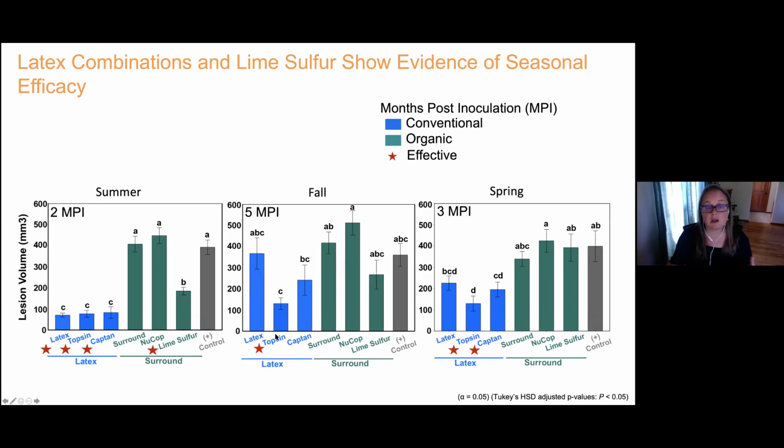So latex with Topsin was fairly effective. And lime sulfur and Surround was fairly effective in both the fall and the spring. Again, we see the same trend with New Cop, where even when it's mixed with Surround, it causes phytotoxicity that starts to form. So New Cop wasn't the best option for growers to utilize.